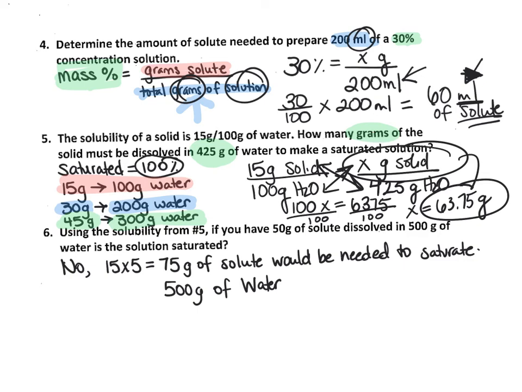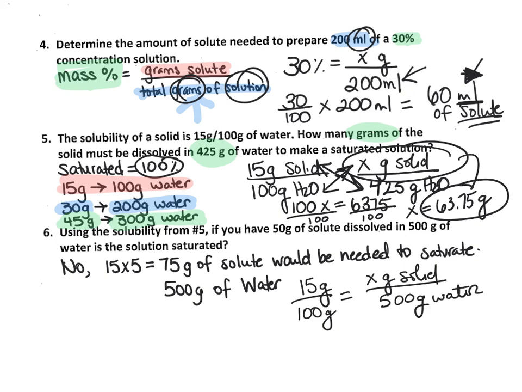And then using this solubility, if you have 50 grams of solute dissolved in 500 grams of water, would that be saturated? We can set it up the same way. Again, 15 grams of solid to 100 grams of water, set equal to x grams of solid in 500 grams of water.